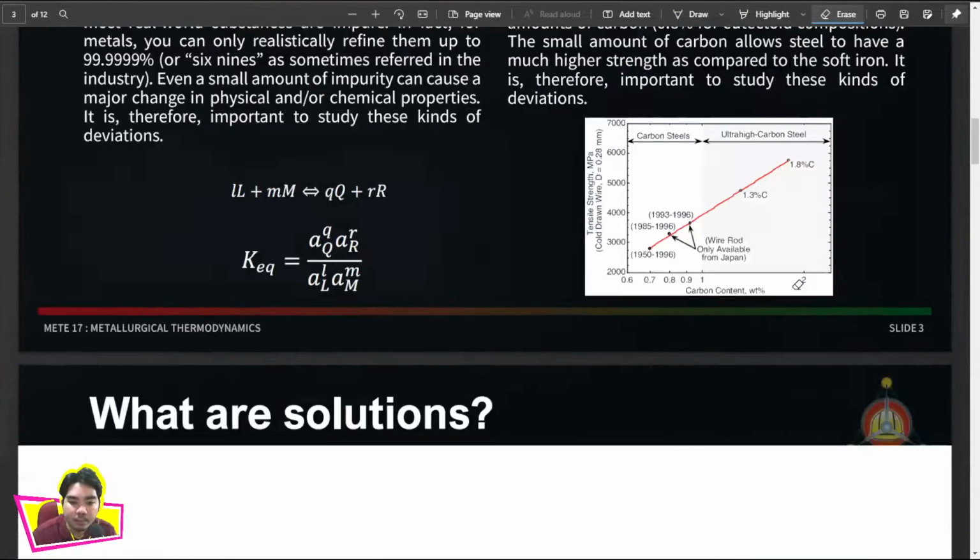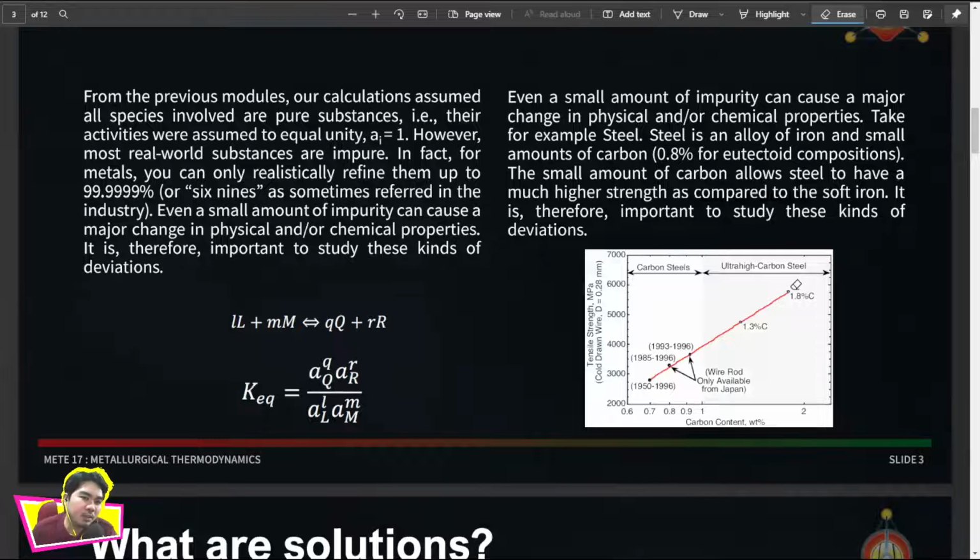From the previous modules, we always assumed na yung lahat ng species involved are pure substances, and when they are pure substances, then we can assume their activity to be equal to one. Pero in reality, when we are dealing with real world na mga solutions, hindi all the time pure yung mga substances involved.